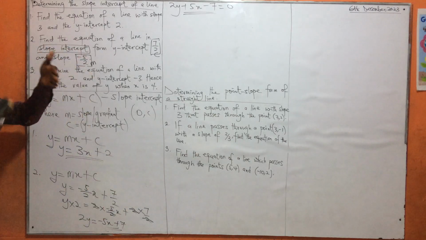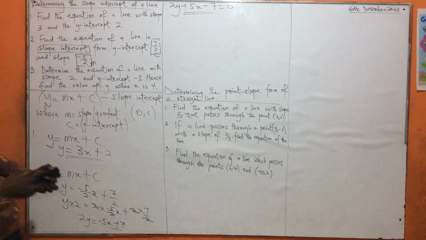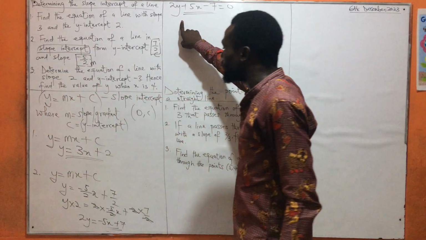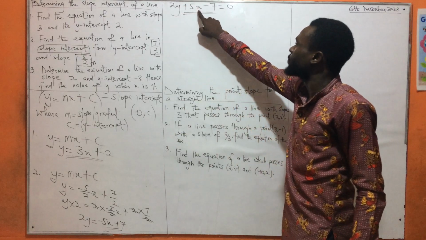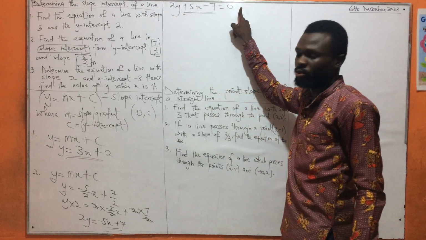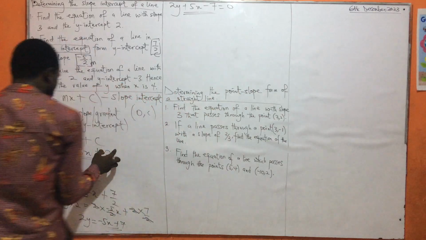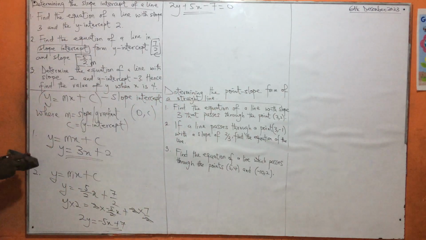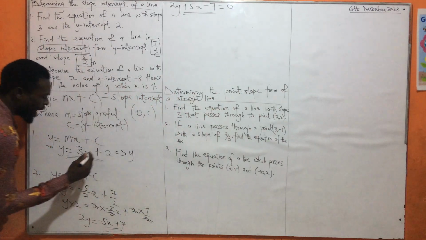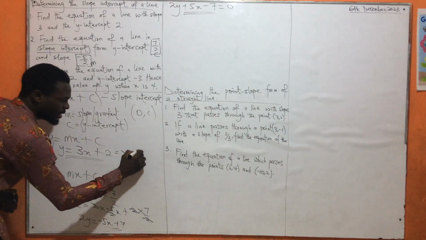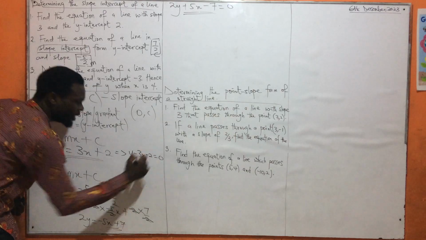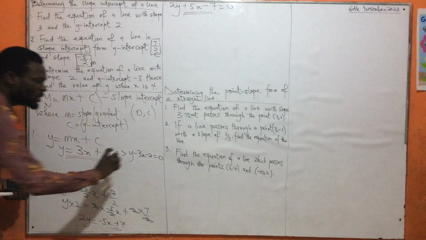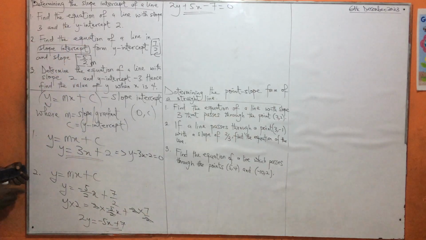That is the equation of the line. So finding the equation gives me 2y plus 5x minus 7 is equal to 0. The same thing here, we can also regroup this one in a form, and that gives you the equation of that line, which is the first one.